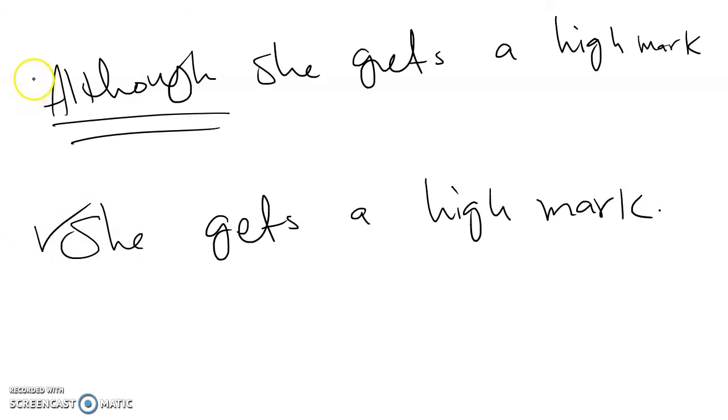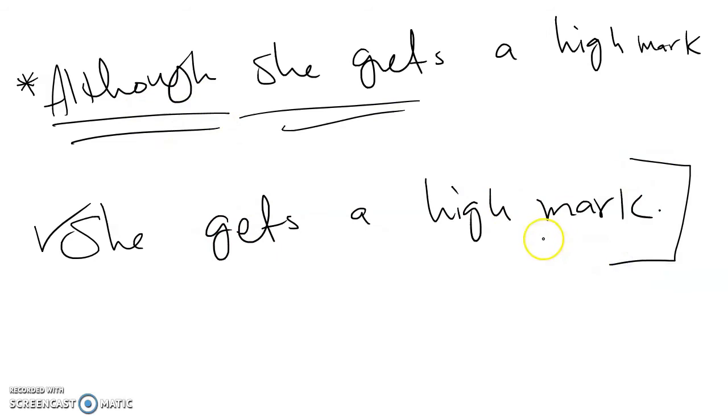But the one with although in grammar will be marked as ungrammatical because it needs to be continued to give us a complete meaning. Now, the first one is called the dependent clause because of the existence of the word although, and this one is called the independent clause because it expresses a full, complete meaning.